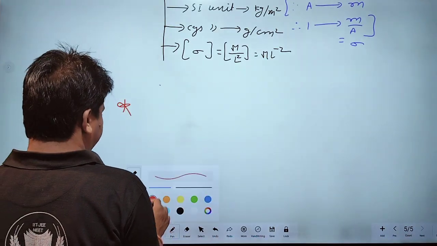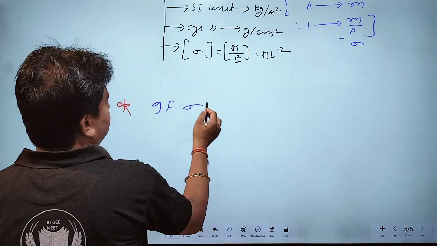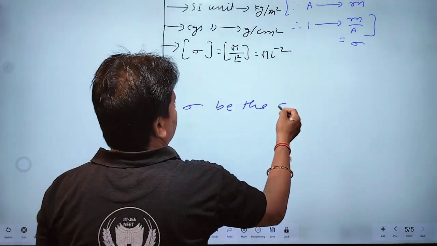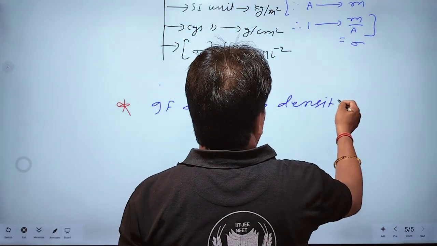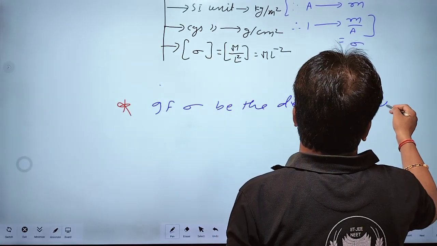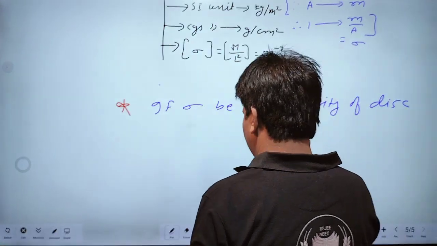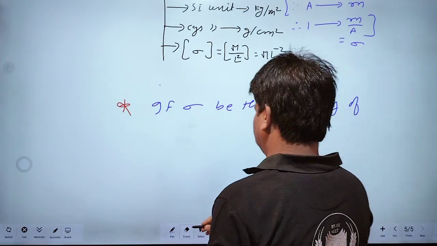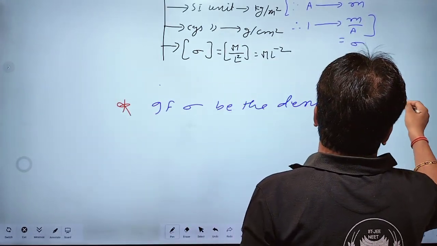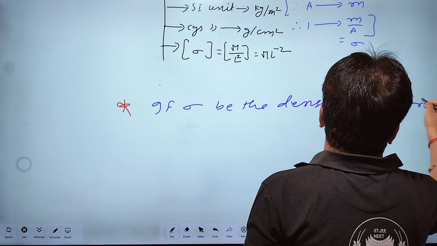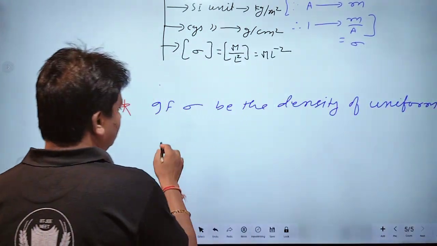If sigma be the density of a uniform disc, if there is no mention in the question, then we take a uniform disc.